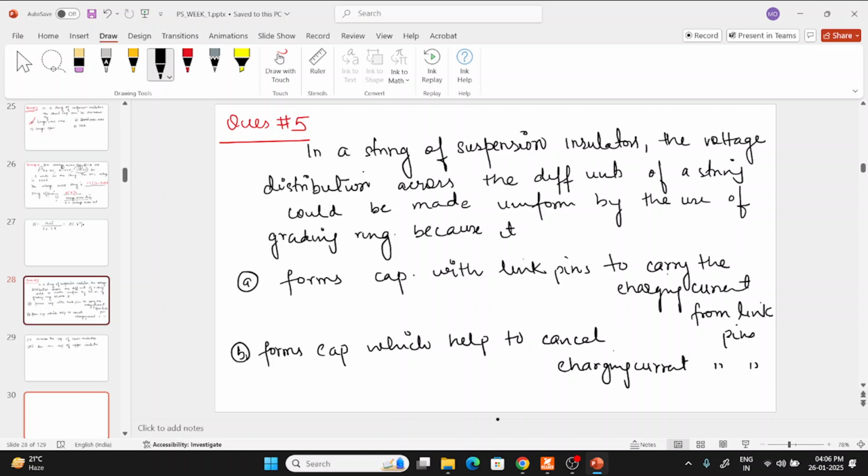B. Anyone else? Yes, yes. So what happens is that generally the grading ring is used to cancel the charging current. If the charging current increases, then the voltage difference will never be equal. So the first option says forms the capacitance with the links to carry the charging current. No, it cannot be like this.